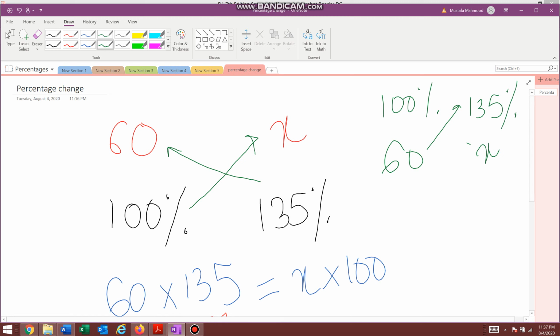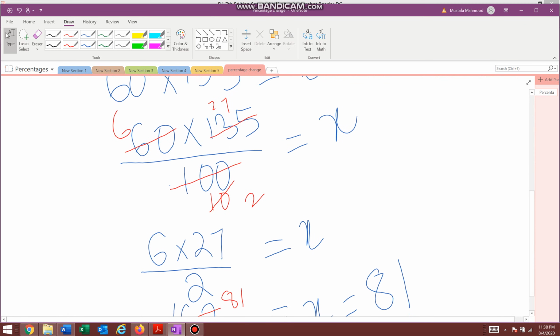Cross multiplication. What you need to remember is that the same quantities should be in the same line, the percentages in one line and the numbers in the same line, and then you do cross multiplication. पहले कौन सा लिखते हैं, that does not matter. So please practice this method. Don't be intimidated by this. It's easy, it's not difficult at all.